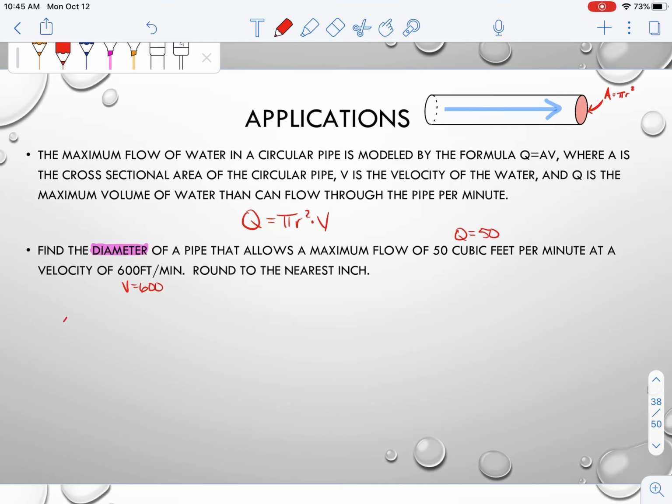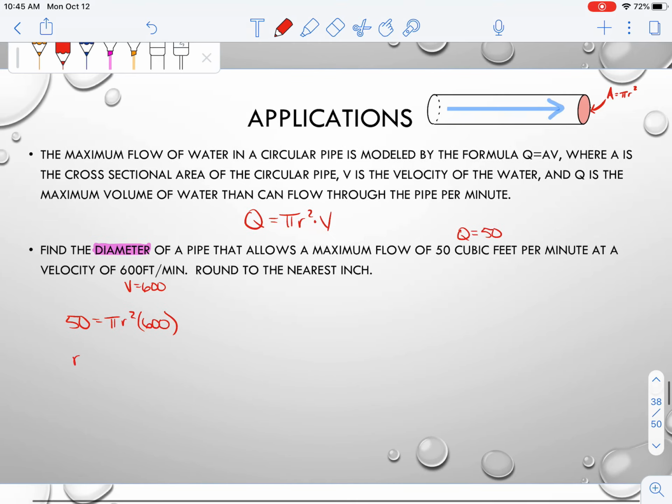If I substitute in here, I'm going to have 50 equals pi r squared times 600. Now I want to keep this as exact as possible. Since I have all multiplication on the right, if I divide both sides by 600 pi, I end up with 50 divided by 600 pi equals r squared.